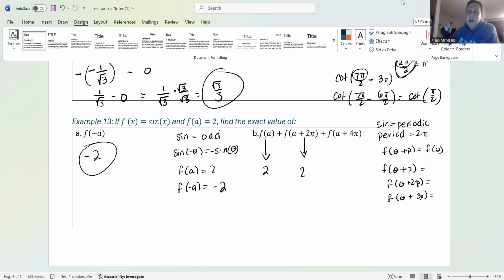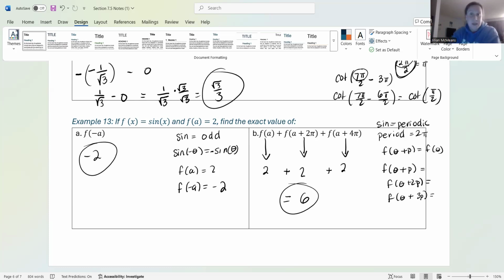And if I say I have f of a equals 2, but then I go around the circle, and then I go around the circle again, so I do 2 full revolutions, that would be 4 pi, that's going to put me right back where I started from. Okay, so I get f of a plus 4 pi. So I really just get 2 plus 2 plus 2 equals 6. Okay, so that's one way that you can use function notation with this idea of even and odd functions, or the fact that the trigonometric functions are periodic.